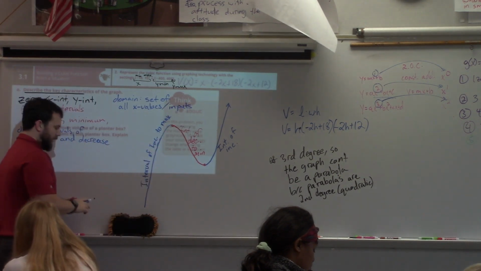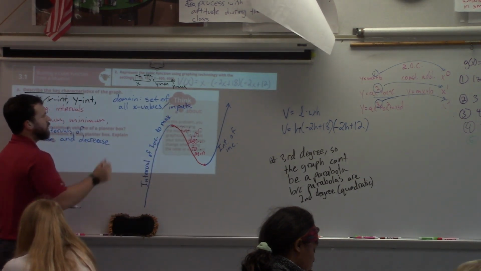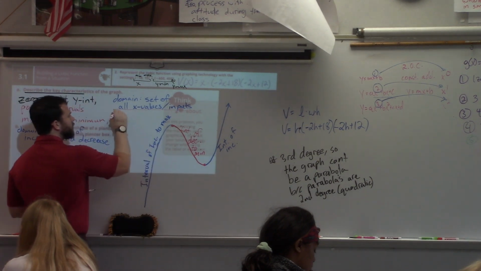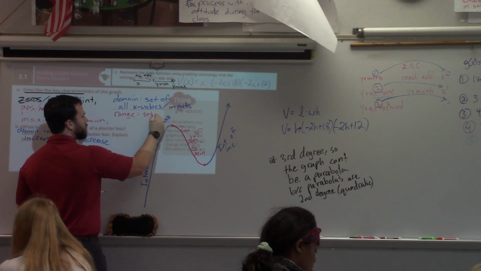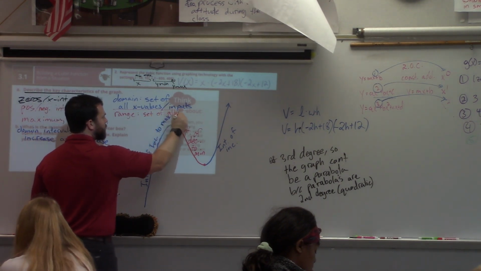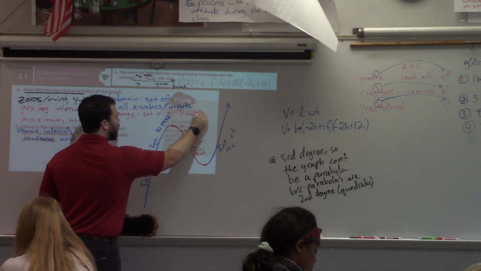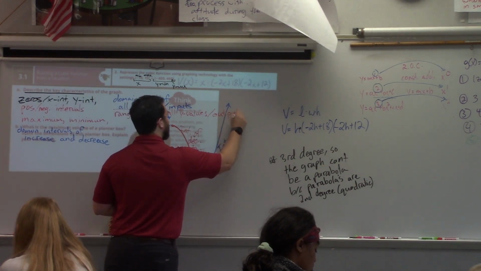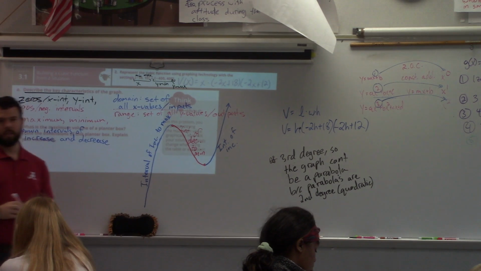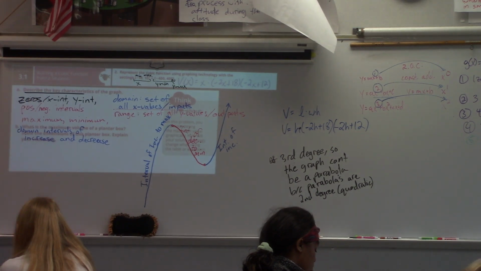That's what we want to think about. So let's contrast that with range. What is that? Set of all y values, or outputs. There we go. See, those are patterns and relationships, and we're putting a language to those patterns and relationships.